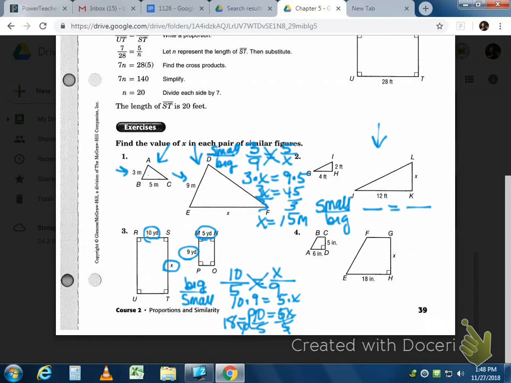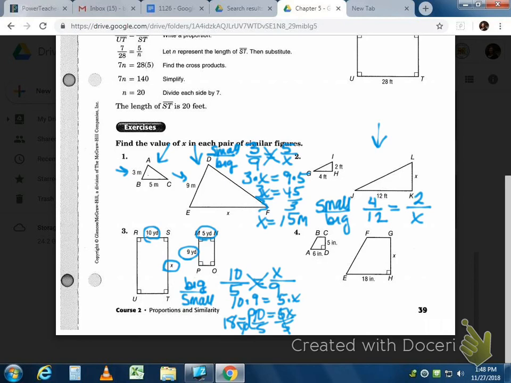Liam? 4 over 12. 4 from the small matches 12 from the big because they're both on the bottom like that. Then the other set that are corresponding that they've listed, what are they, Nico? 2 over x. 2 from the small, x from the big. How many of you had that proportion written?